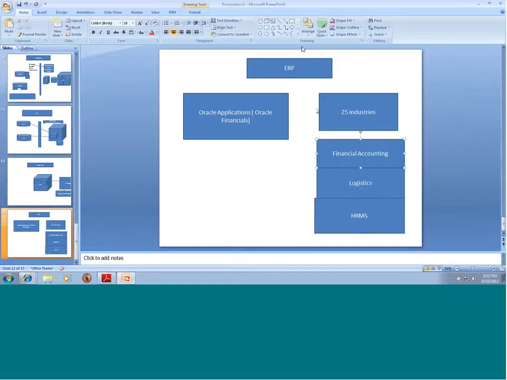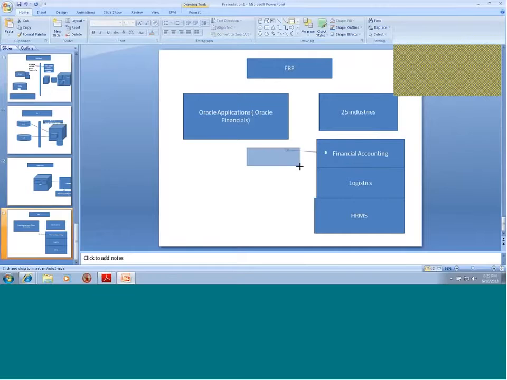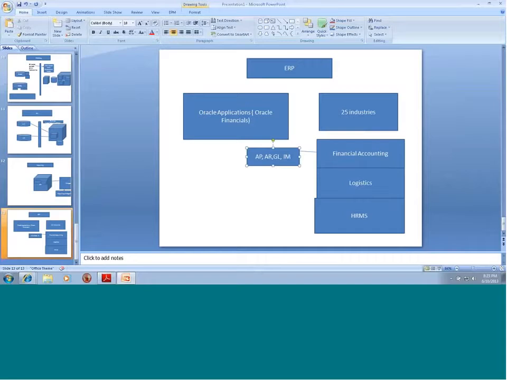When we talk about financial accounting, these are all the different products that come under financial accounting. There is accounts payable, accounts receivable, general ledger, and then we have investment management, and there are several other tools: COPA, cost profitability accounting, cost center accounting, and several other tools that are used in financial accounting. So these are a few examples.